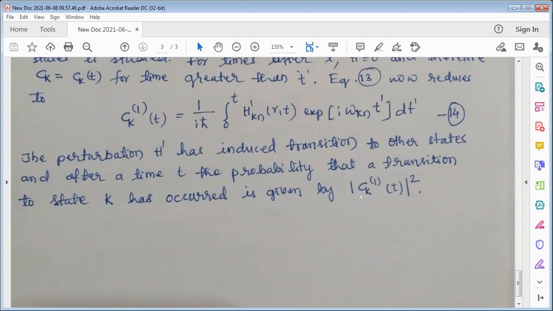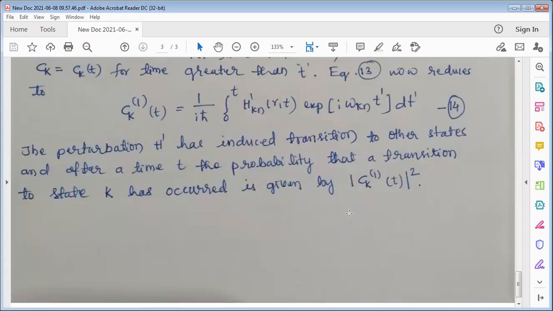This can be obtained even using psi k of 1 of t, but since this expansion coefficient is connected to the perturbed state, the square of this quantity gives the probability density at the time.